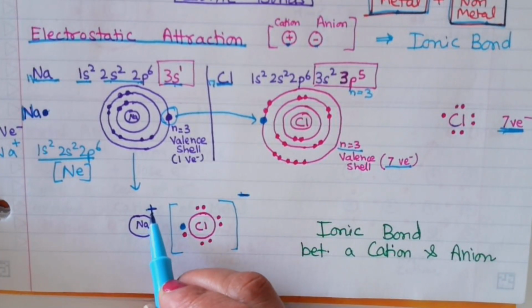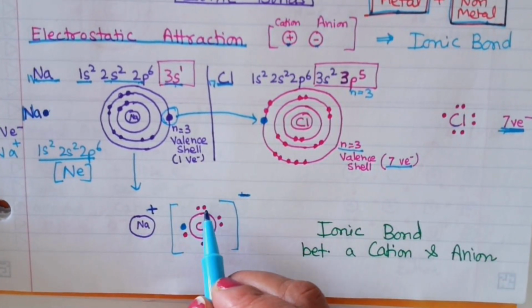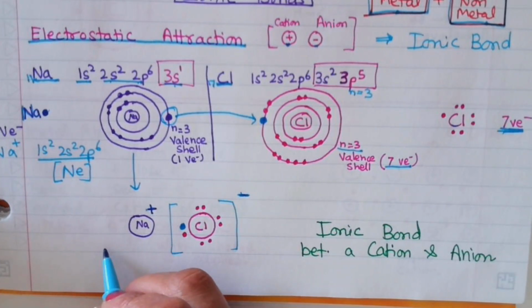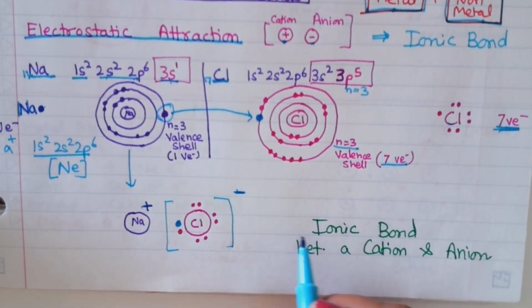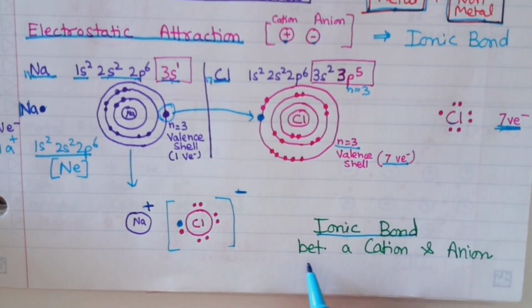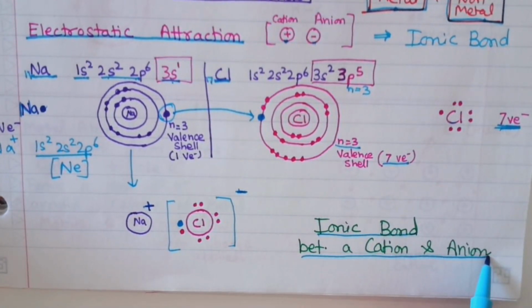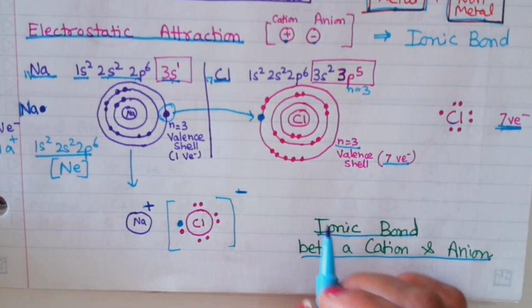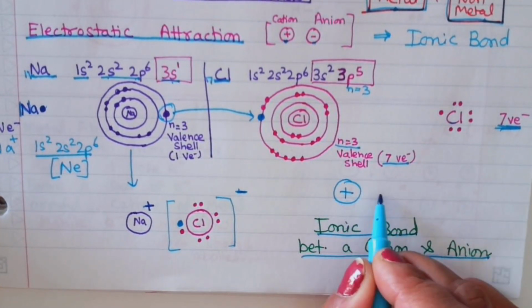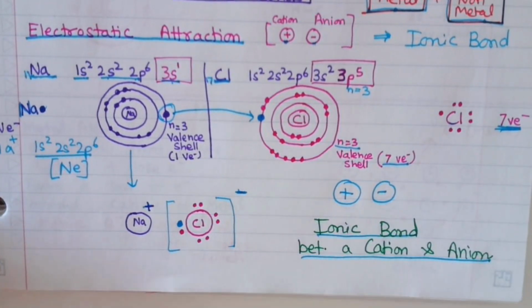Now we have a negative ion, the chloride ion, and we have a sodium ion, which is a cation, right? So an ionic bond is formed between a cation and an anion, right? It's the force of attraction between the positively charged ion and a negatively charged ion.